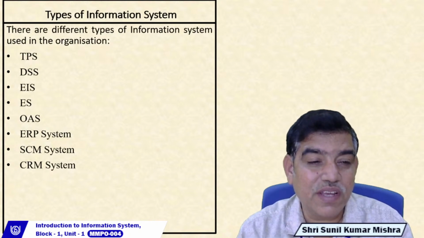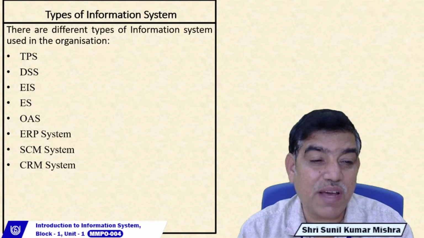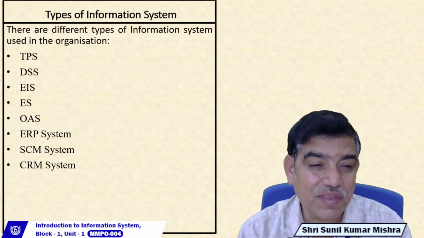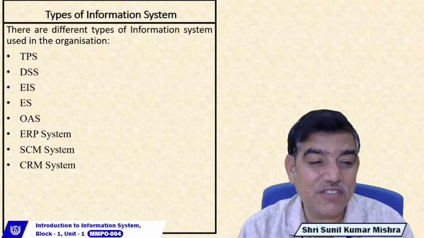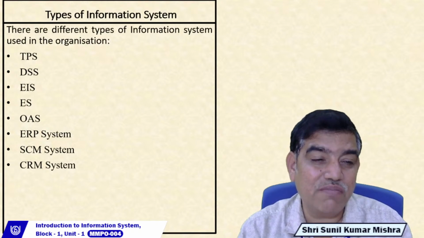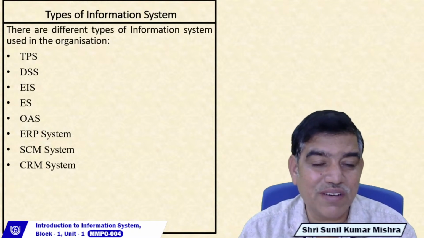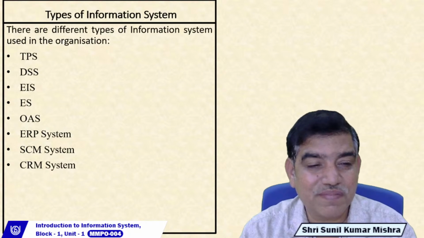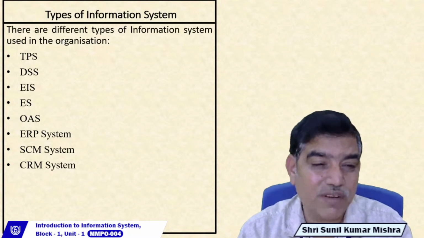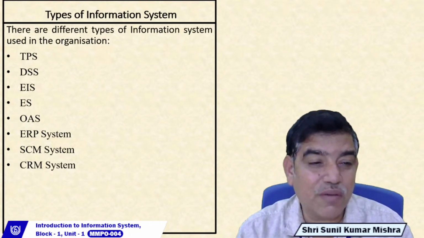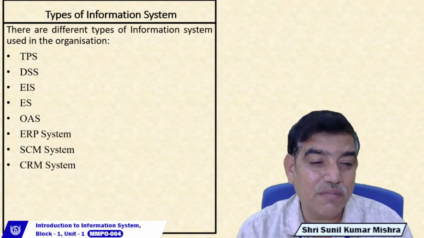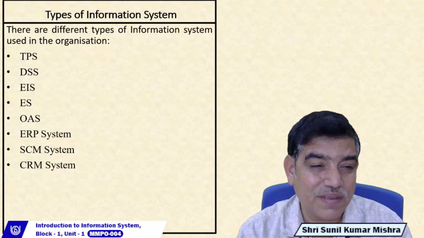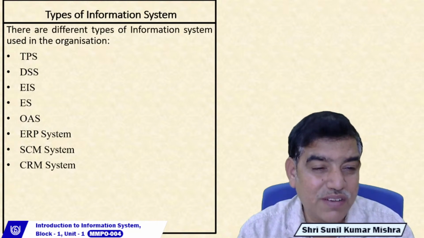What is SCM? SCM stands for Supply Chain Management System. Supply chain management is software which makes a relationship from supplier to customer. I am explaining to you. The supplier sends the raw material as per the order of the manufacturer. The manufacturer processes the raw material and develops the finished product.